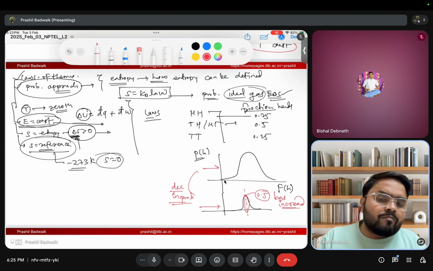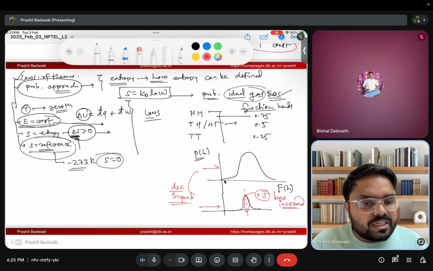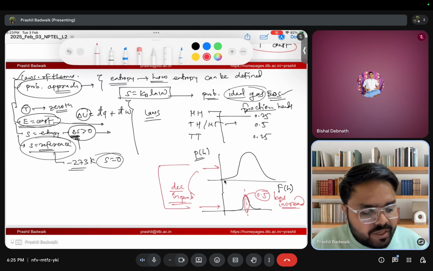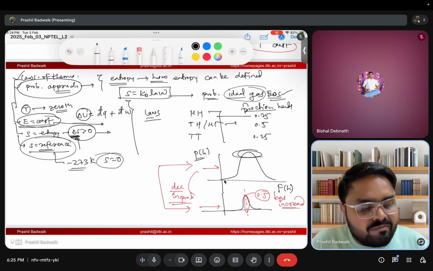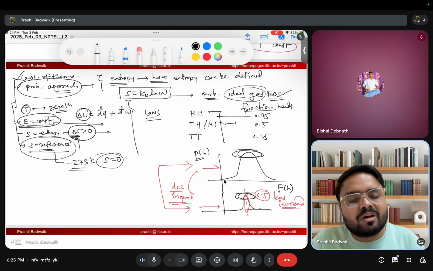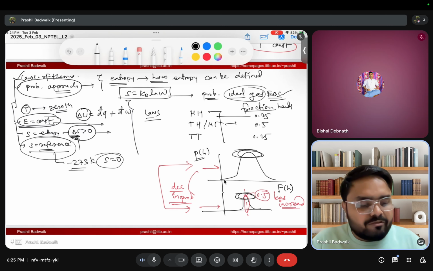And we wanted to see what we can use to compare these two systems. So we have to take this maximum value, here also this maximum value, and divide all these probabilities by the maximum value.